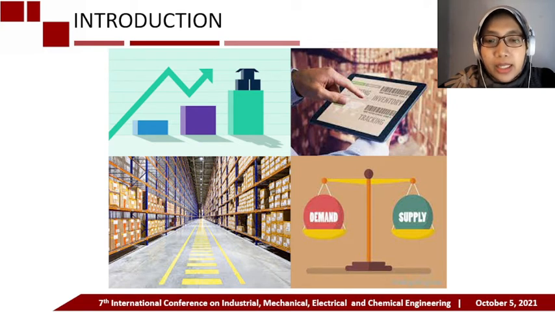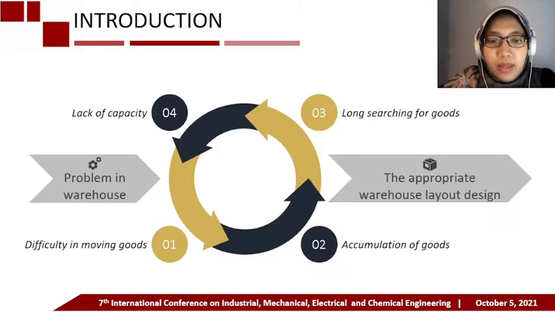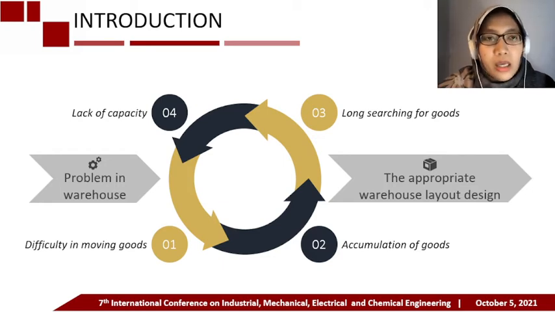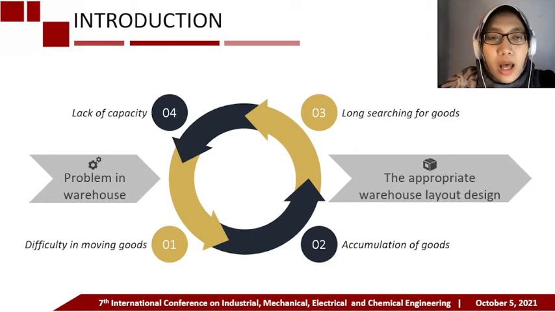Warehouses play an important role in maintaining the suitability of supply to demand in the supply chain system. Some problems in warehouse systems are difficulty in moving goods, accumulation of goods, long searching for goods, and lack of capacity.